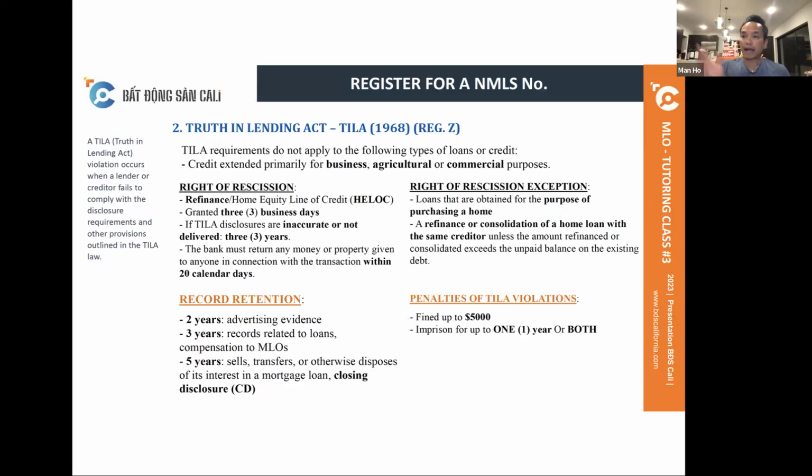Okay. If you back out, right, when you rescind, it means that you back out, right? But if you remove all your contingencies, I mentioned this in the previous class, right? There are 3 contingencies that apply when you purchase a home, or when your offer gets accepted. One of which is inspection contingency, appraisal contingency, and loan contingency.